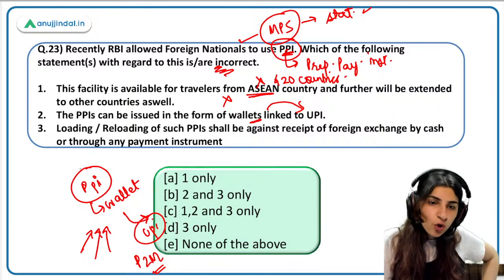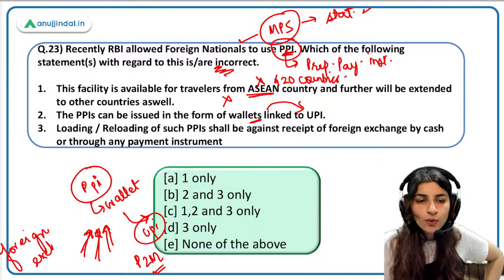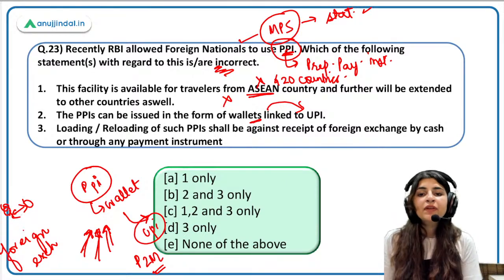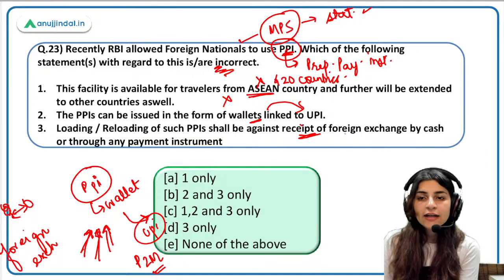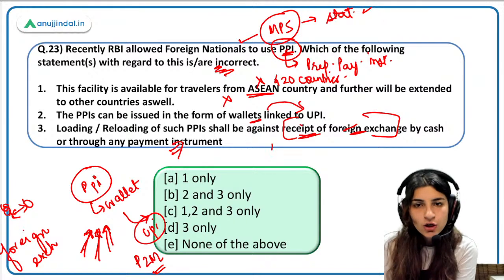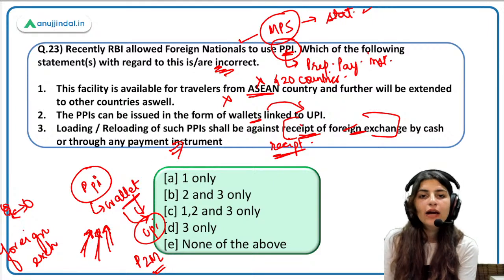Now, this loading, how is this loading of money done? So, foreign exchange जब आपने करा है, if any foreign national, when they exchange their currency into Indian currency, then the receipt of foreign exchange transaction by cash or through any other payment instrument, when an exchange is happening, जो उसकी receipt आएगी, उसके against such wallet will be loaded, and through UPI you can make transactions.